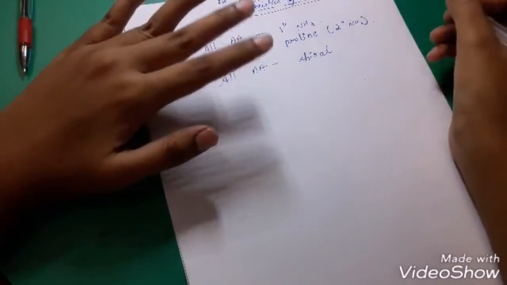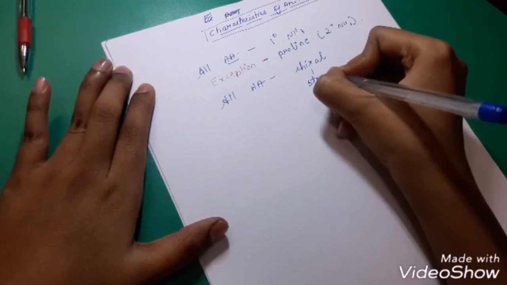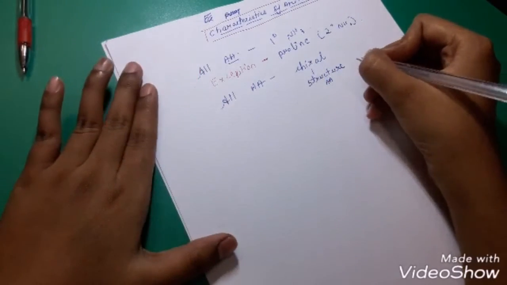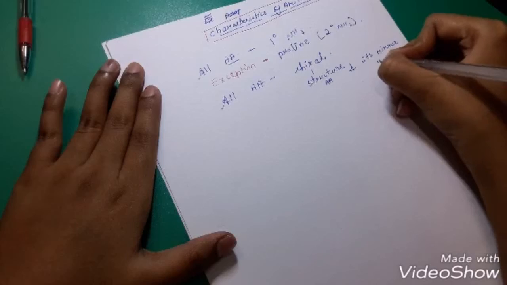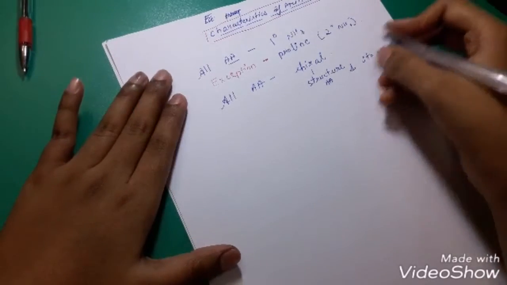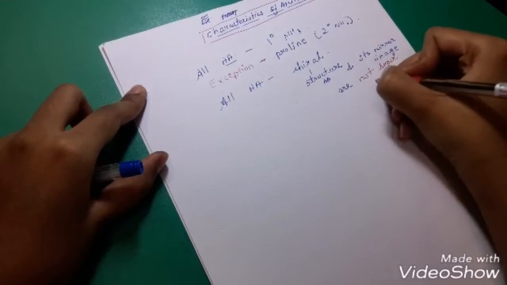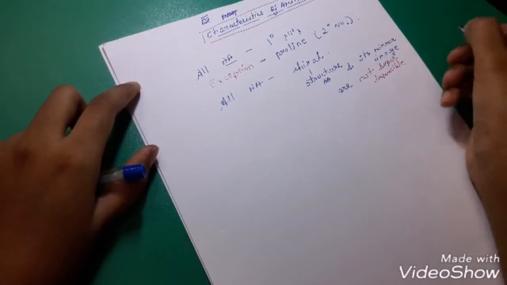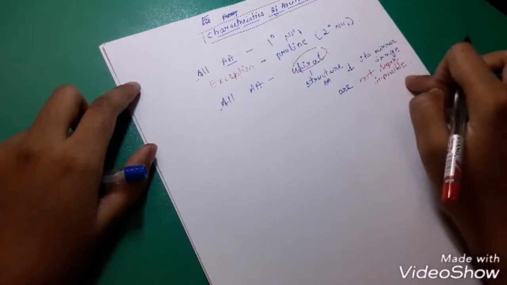So basically chiral means the normal structure of amino acid and its mirror image are not superimposable.